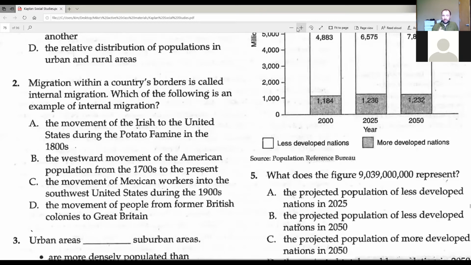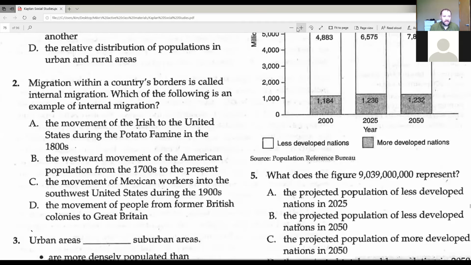But internal migration is specifically migrating from somewhere else within the country to some new place. So if you were coming from Florida and moving to Spokane, that would be an example of internal migration. So we just have to identify which of these 4 is an example of internal migration.